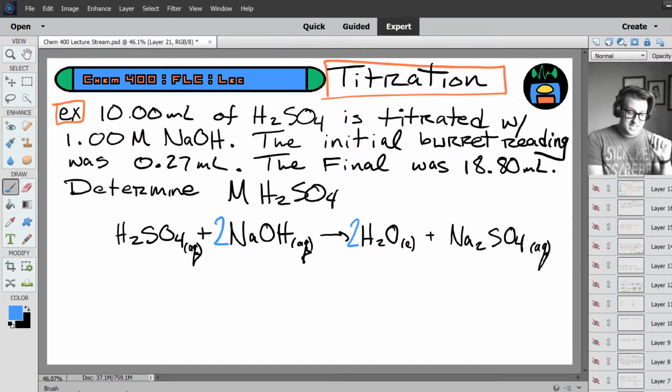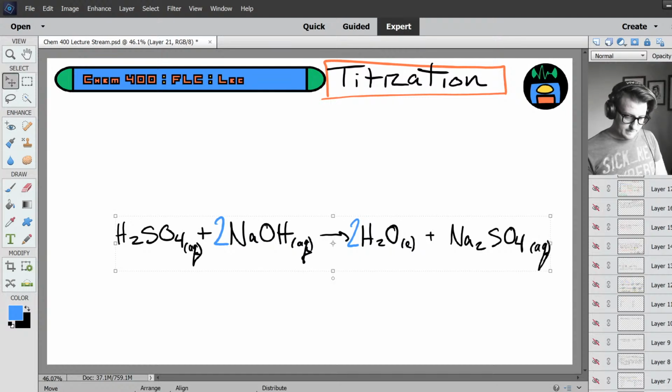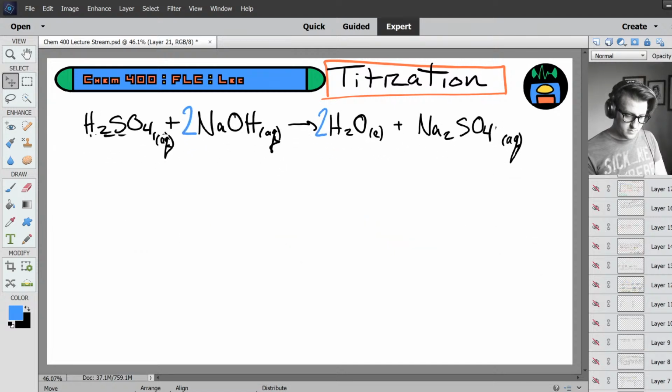All right, I'm going to need this to determine my molarity of sulfuric acid. Again, I need to know moles of sulfuric acid. That's what I don't know right now. So let's look at what we do have.